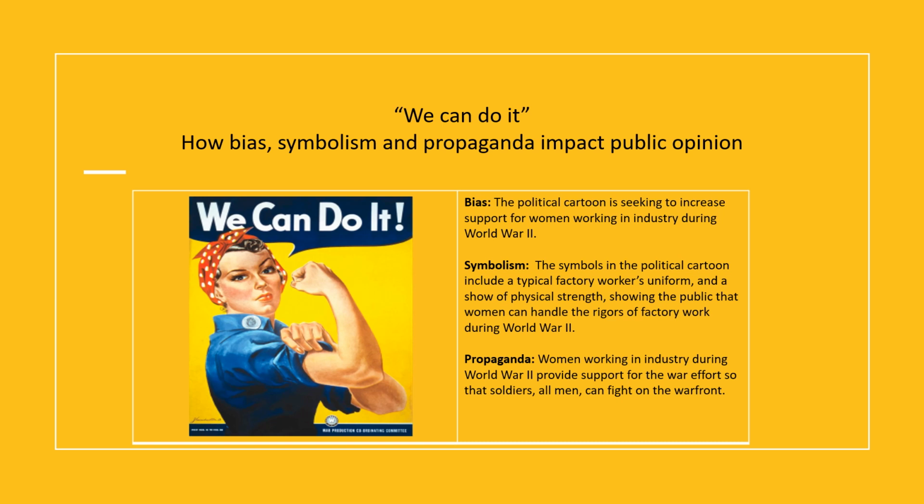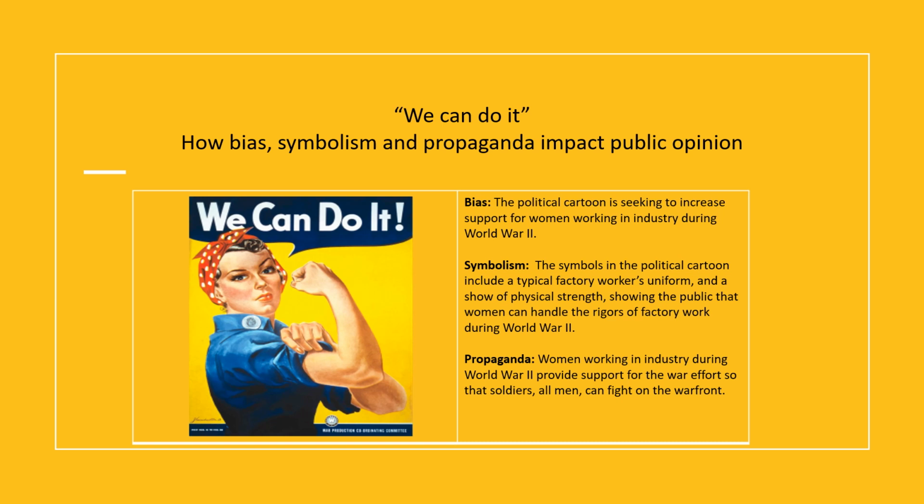So let's now look at how bias, symbolism, and propaganda would impact public opinion. Well, when we're looking at bias, we're looking at increasing support for women working in industry during World War II. The symbols in the cartoon include a typical factory worker's uniform, a show of physical strength, showing the public that women can handle the rigors of factory work during World War II.